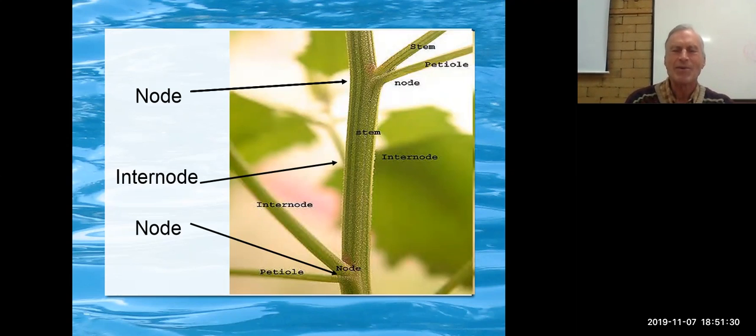And on the upper node, between the stem and the petiole, it looks like there's something there. That might be a bud. I can't tell for sure. Does that make sense? Nodes and the internode.